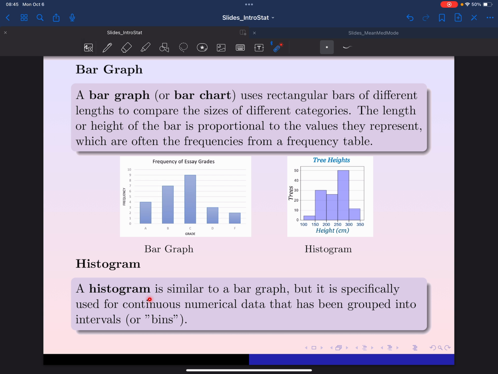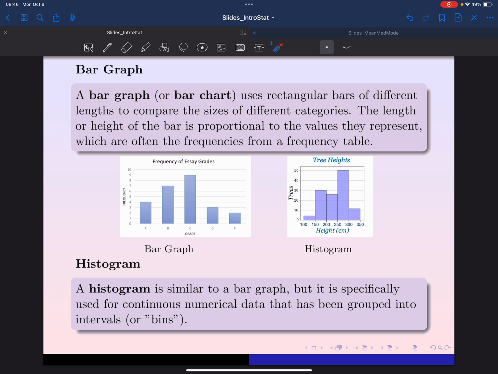Now, a histogram is similar to a bar graph, but is specifically used for continuous data that has been grouped into intervals or bins. So, for example, here we have trees, and here is height. So we have the height of the trees. If the height is between 100 and 150, that's the number of trees that show up, probably less than half.